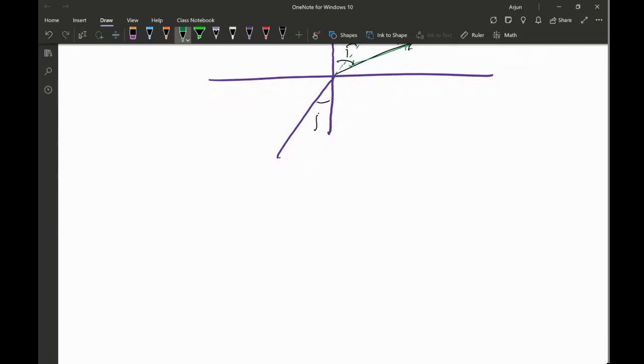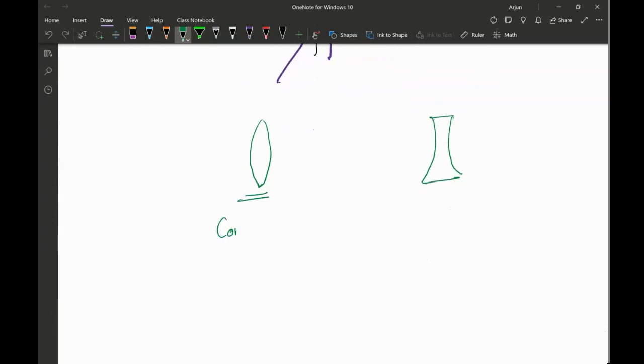So in lens, we have two types of lens. One is converging lens, another is diverging lens. So the first one which I've drawn, this one is converging lens, and this one is diverging lens.